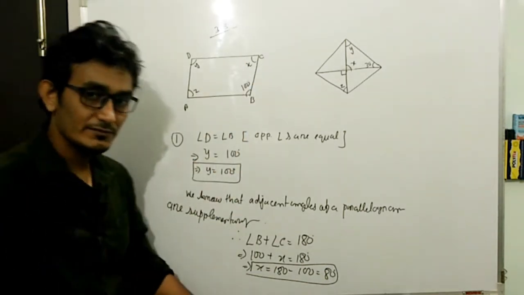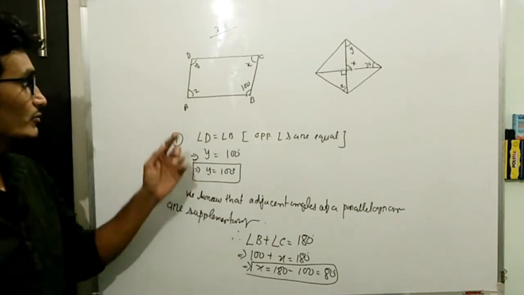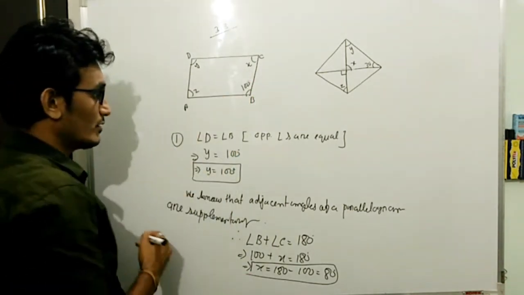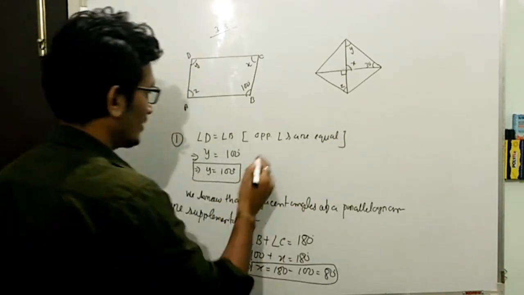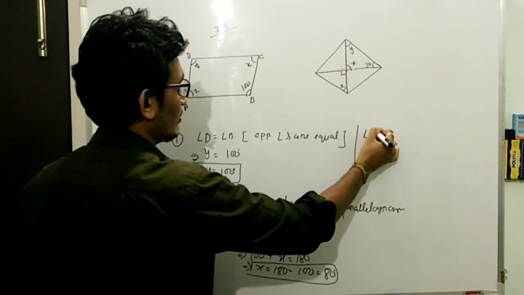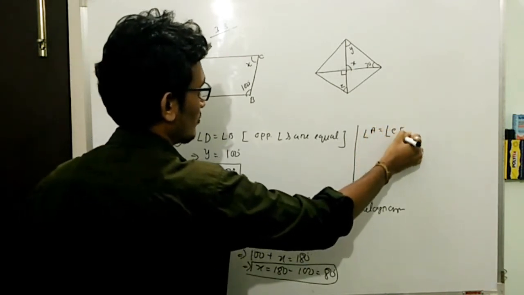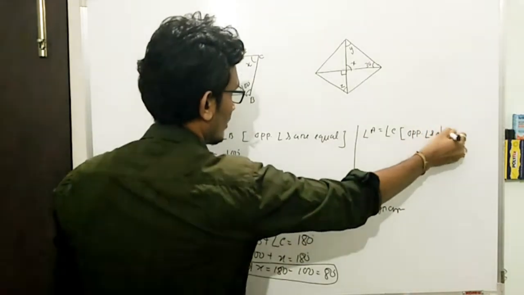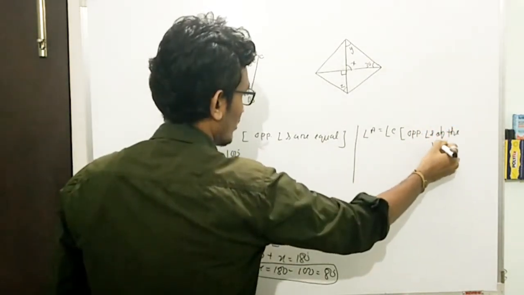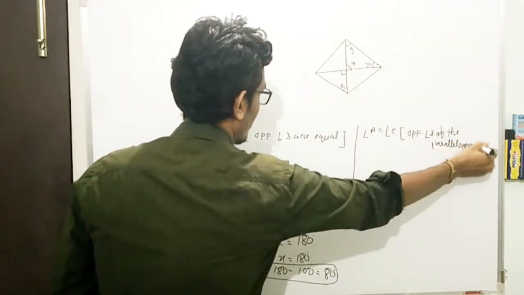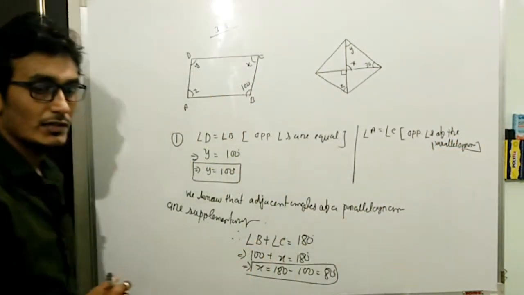After that we have to find the value of Z. It's very easy. First property, we use: opposite angles of a parallelogram are equal. Property 1, angle A equals angle C. Opposite angles of the parallelogram are equal.